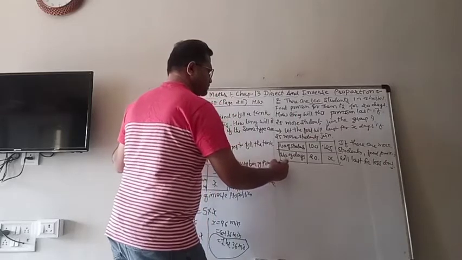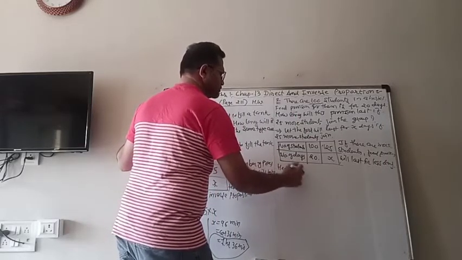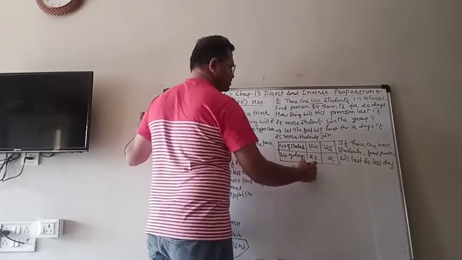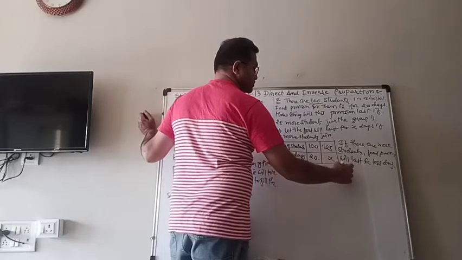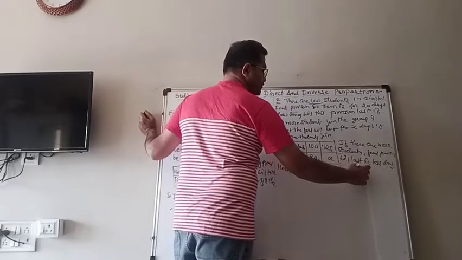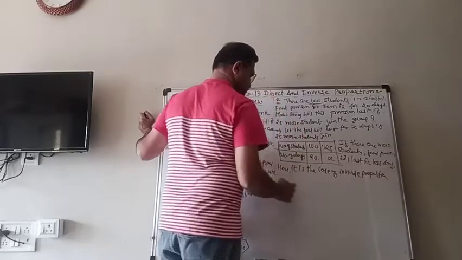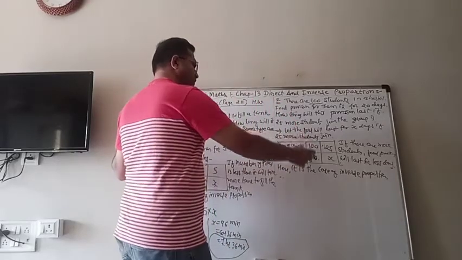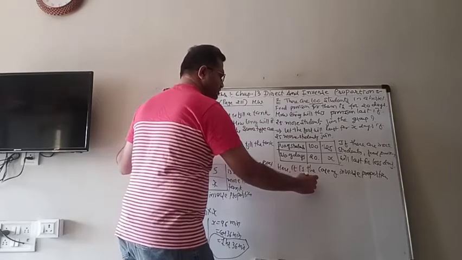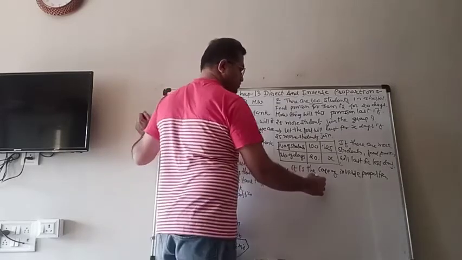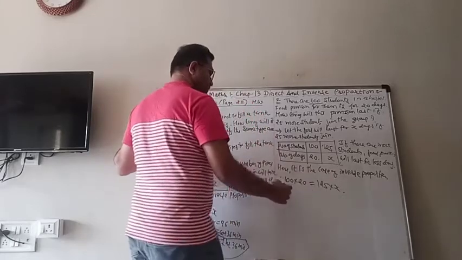So here also it is the case of inverse proportion. So now we have to multiply them. So 100 multiplied by 20 is equal to 125 multiplied by x.